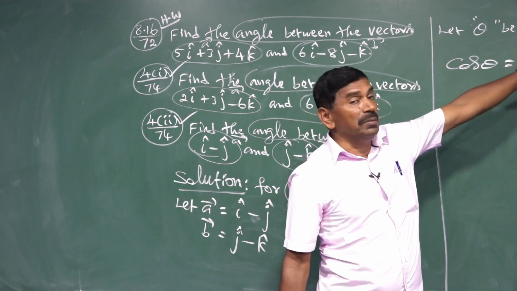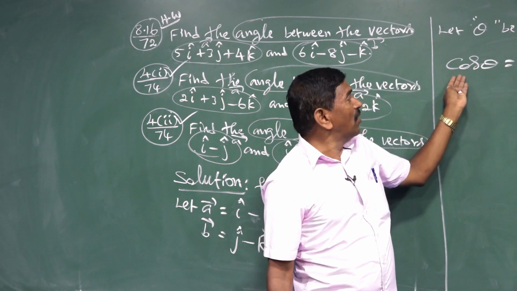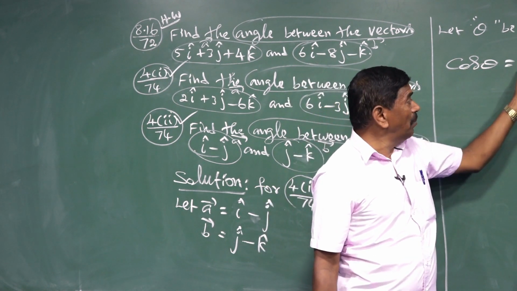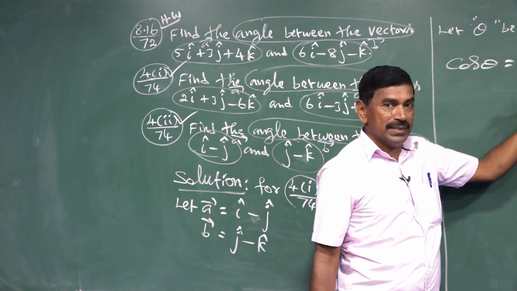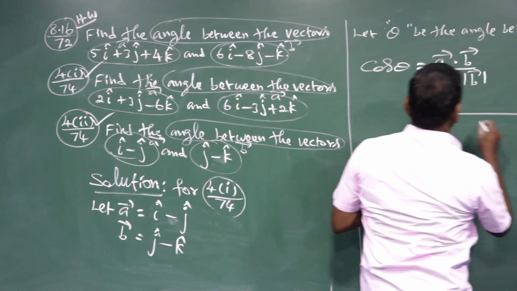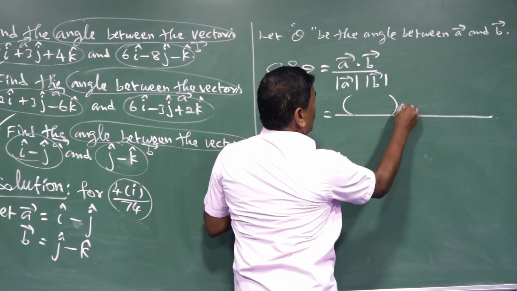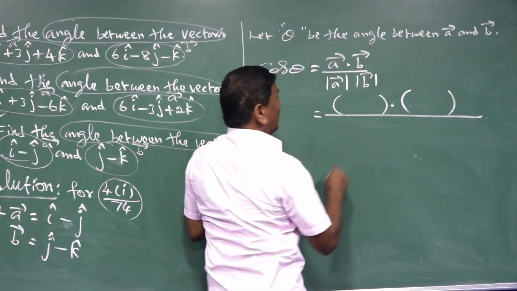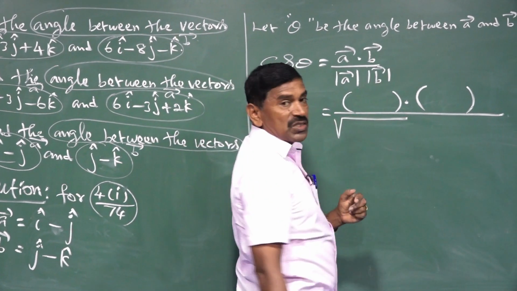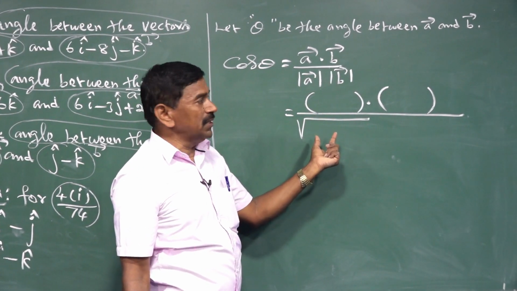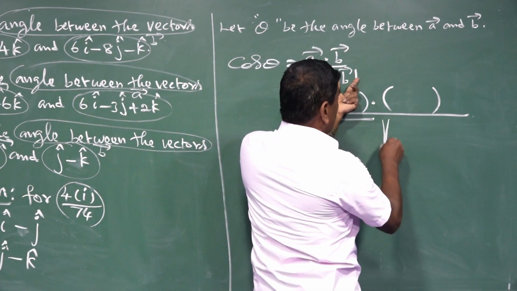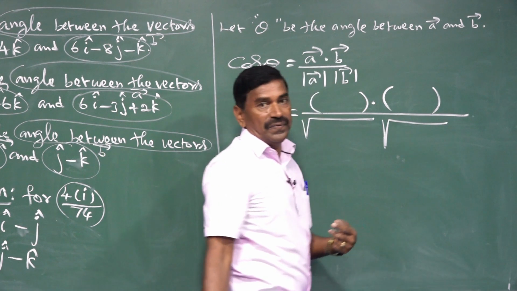The angle is given by the formula cos theta is equal to A vector dot B vector divided by modulus A vector into modulus B vector, where modulus A vector is the square root of the sum of the squares of the coefficients, and modulus B vector is likewise the square root of the sum of the squares of the coefficients.